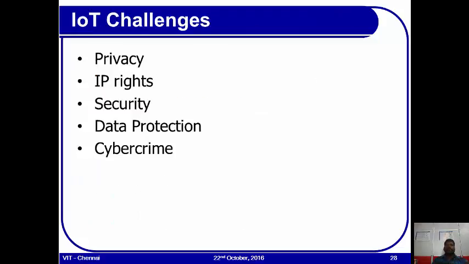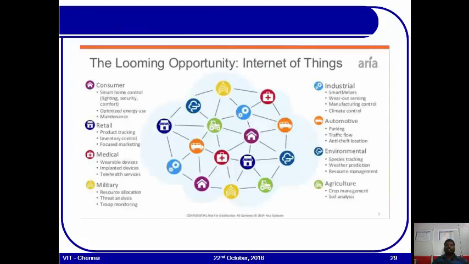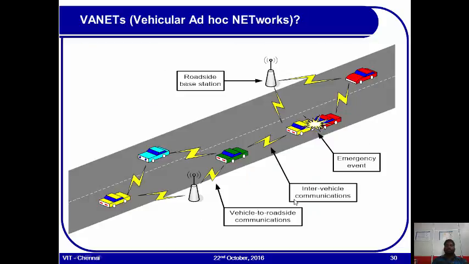IoT challenges: privacy, intellectual property rights, security, data protection, cybercrime. With respect to the opportunities in connection to the Internet of Things: consumer, retail, medical, military, industrial, automotive, environmental, agriculture.